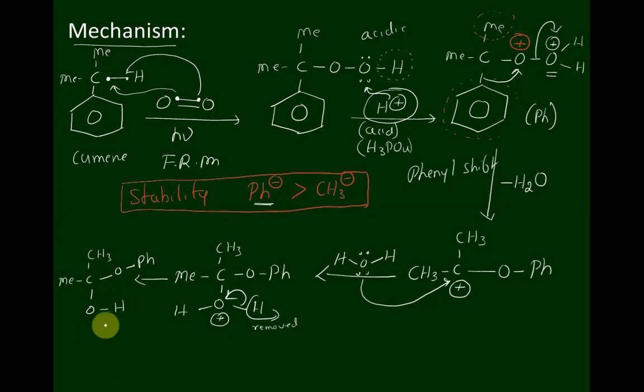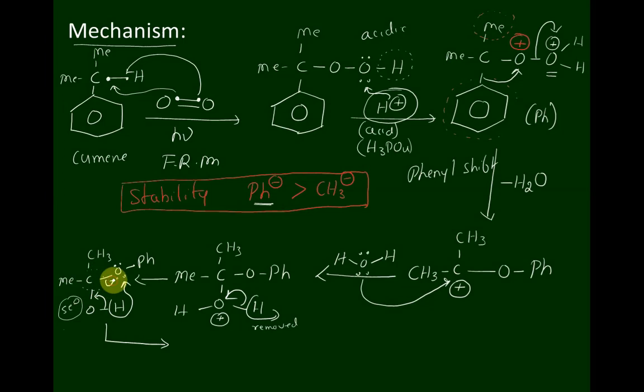Now this oxygen is more stable. Therefore, here a hydride shift takes place, and these electrons will easily jump here. As soon as the electron jumps here, the total number of electrons around the carbon atom becomes 5. If there are 5 electrons around the carbon atom, it becomes unstable.